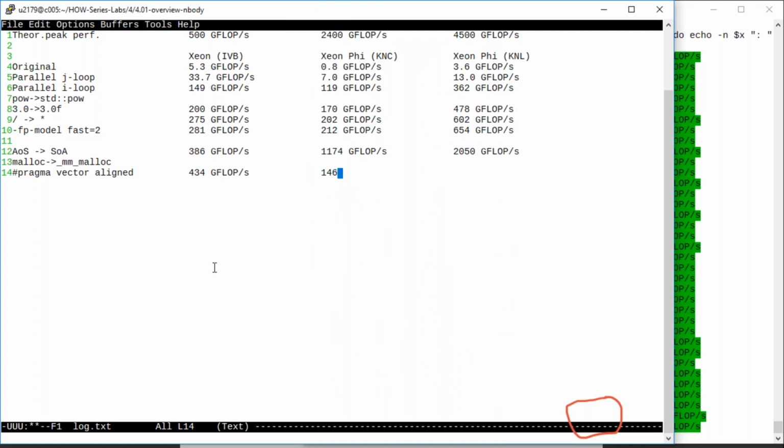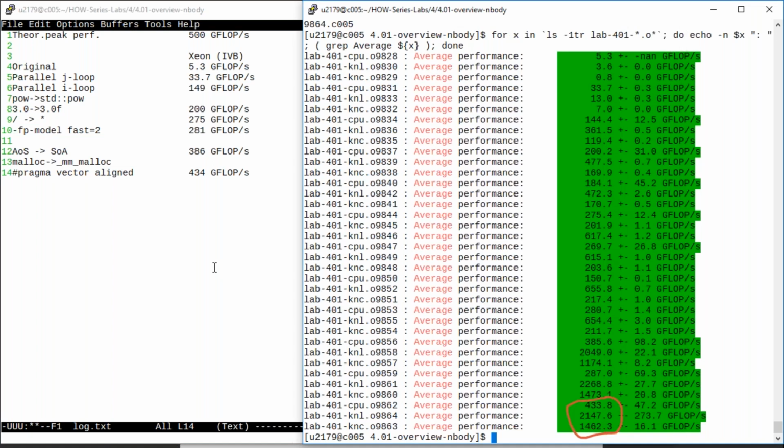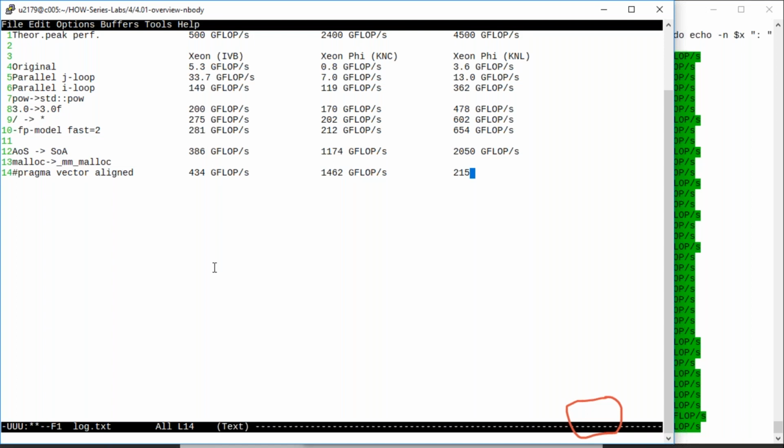You can see that this is significant optimization, 2150. Oh, I'm sorry, I promised 3 significant figures. I'm recording 4. Let's be consistent.